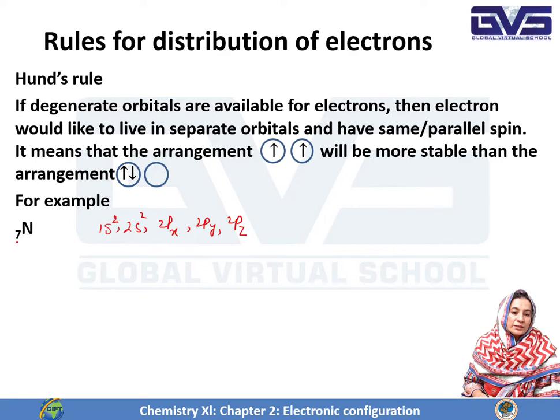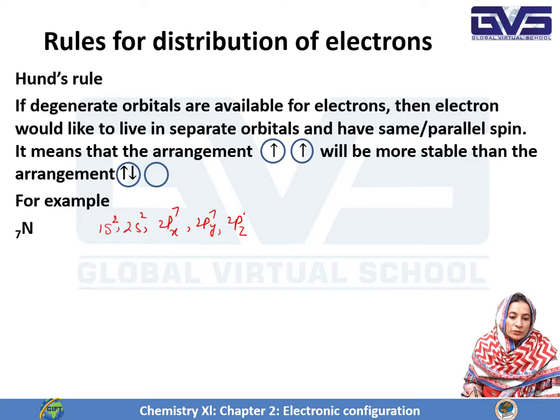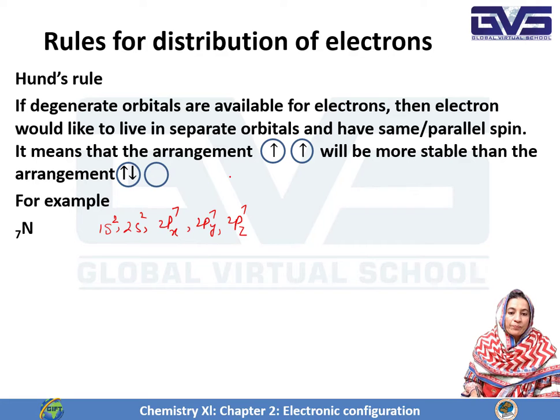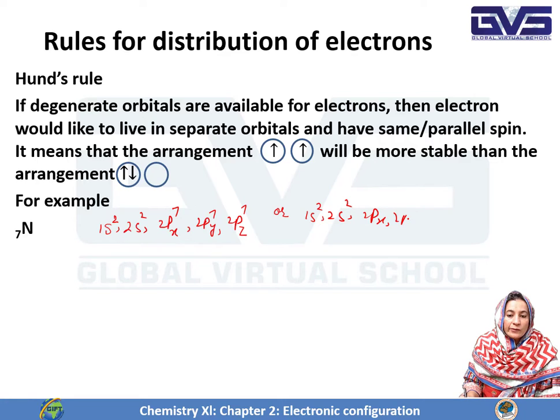Total electrons are 7. 2 plus 2 is 4, and the remaining are 3. 1, 2, 3. They have the same spin. According to Hund's rule, they will live in separate orbitals rather than the same orbital. So I can write this as 1s2, 2s2, 2px, 2py, and 2pz.